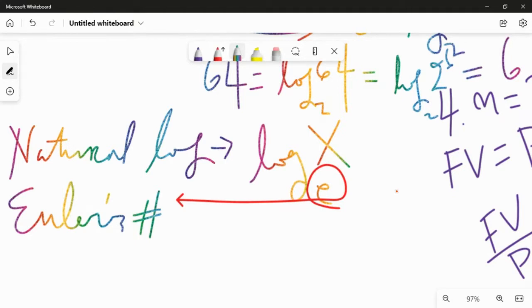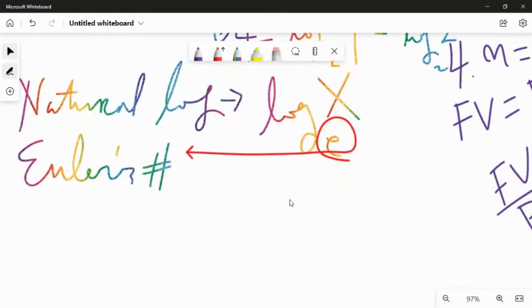And Euler was a Swiss-German mathematician in the 17th century. And actually, there are two German mathematicians that made great impact on modern math. One is Euler, the other one is Gauss. They lived around the 17th century.